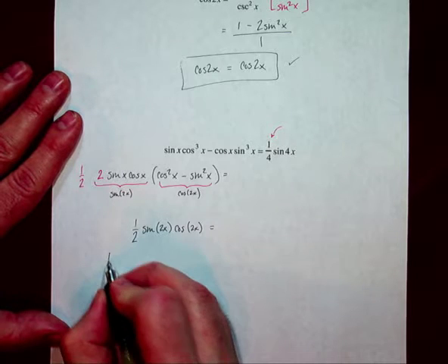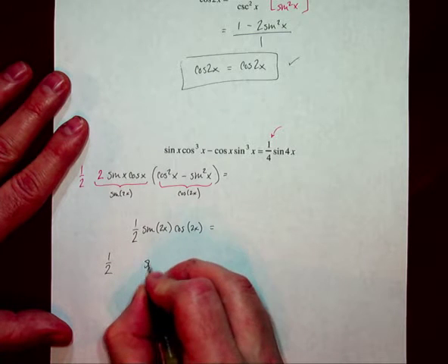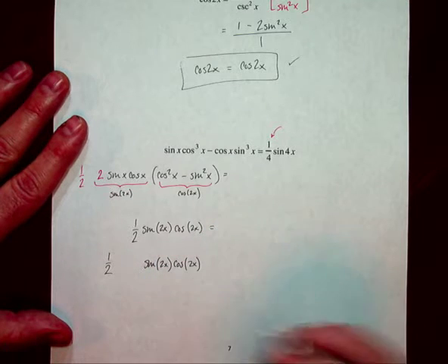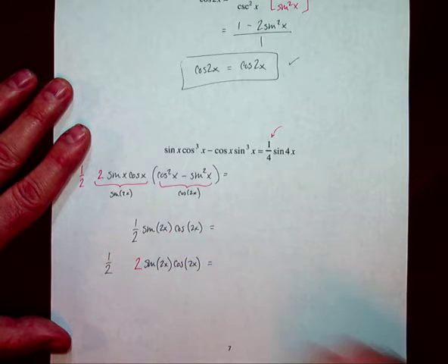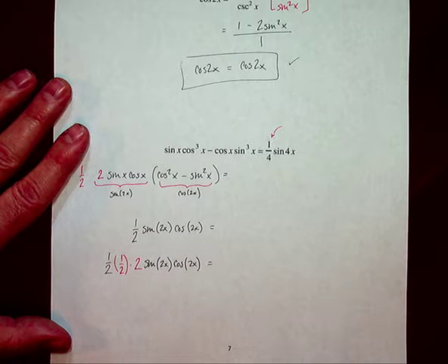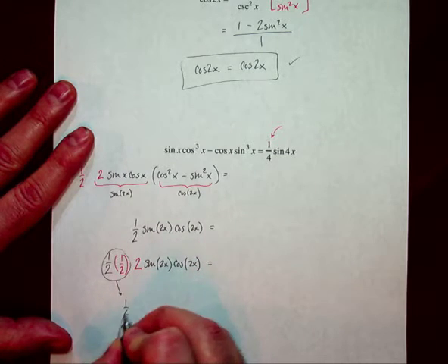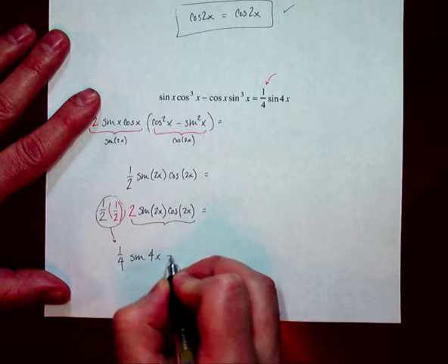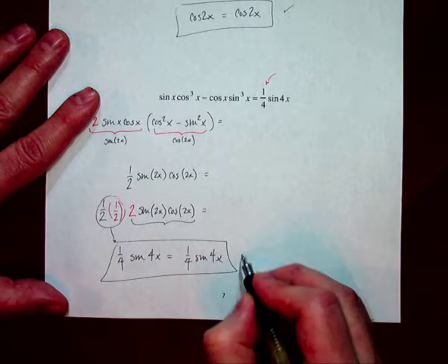So let's push this 1/2 out here, and I have sine of 2x and cosine of 2x. In order for that to be the double angle identity for sine of 4x, I need a 2 and another 1/2. At which point I now have my 1/4, and this right here is the double angle for sine of 4x. So it was just sort of two layers, and cha-ching.